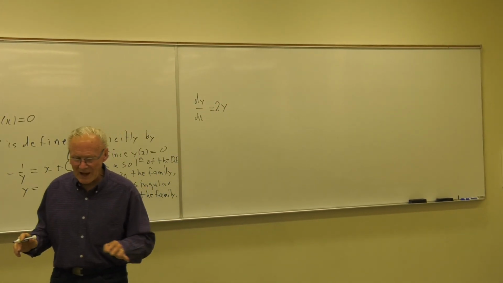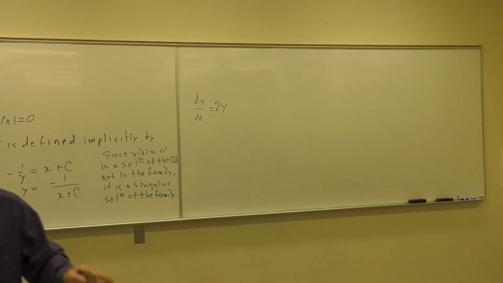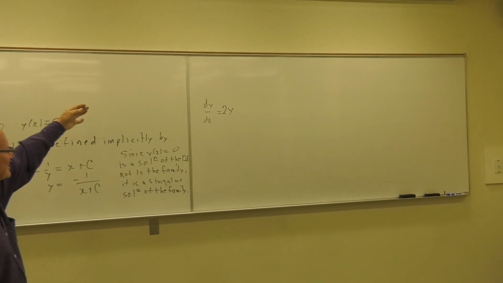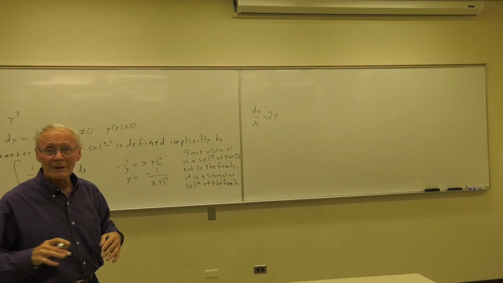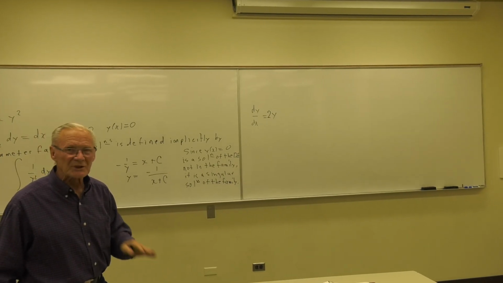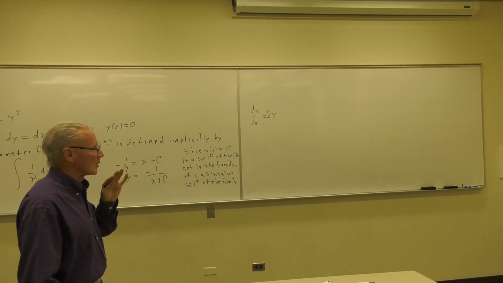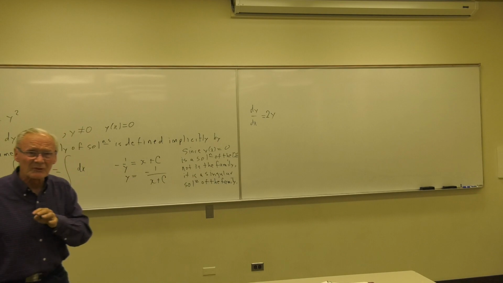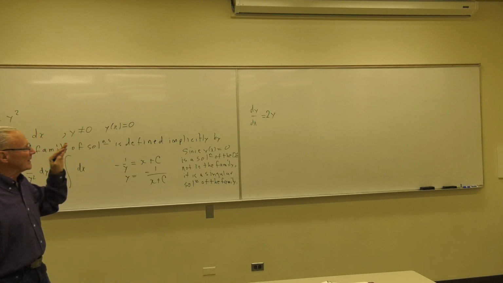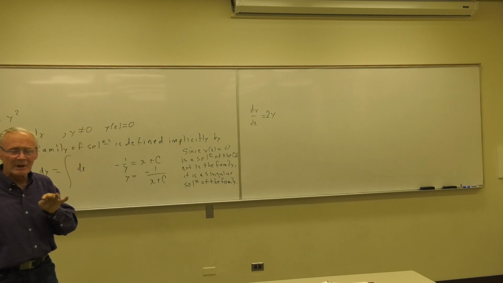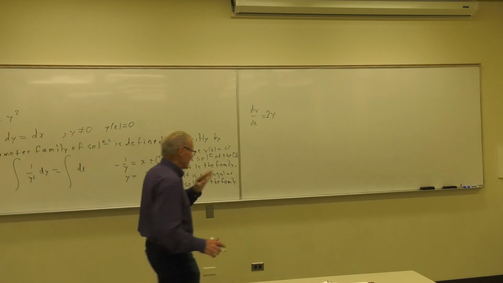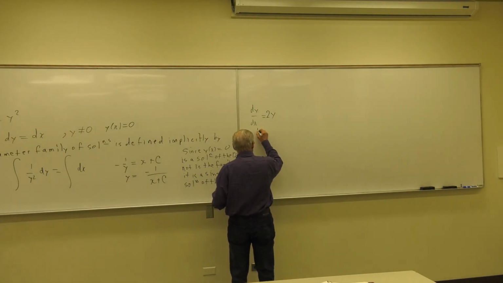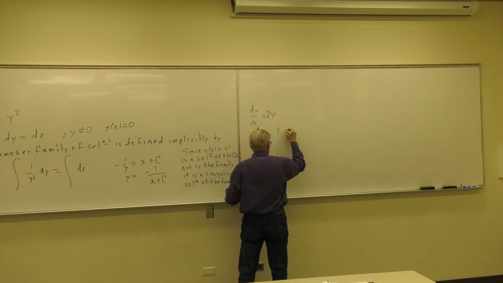We know the answer to that because we actually talked about it previously. Functions that satisfy this differential equation were exponentials. We saw that, because we were good at differentiating functions. Let's show that we can get those functions by separation, and something's going to happen that is worth talking about. I can separate it. dy over y is equal to 2 dx.